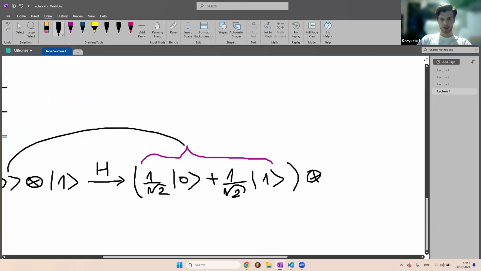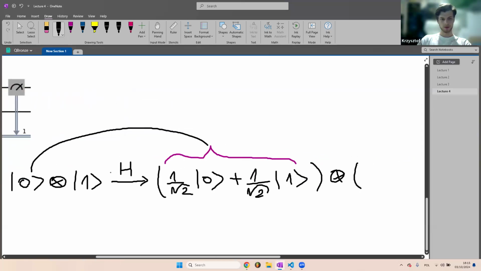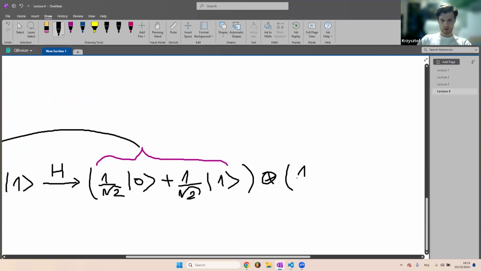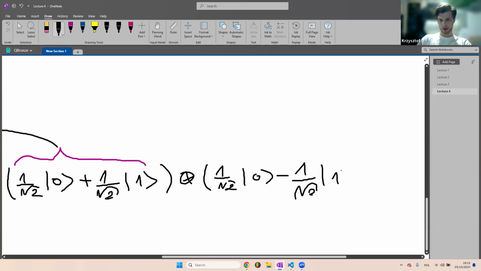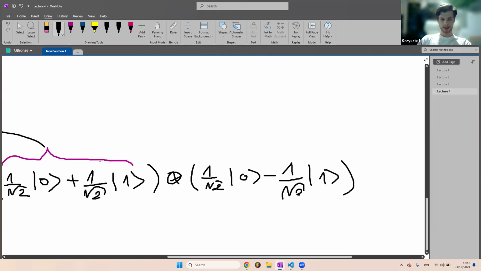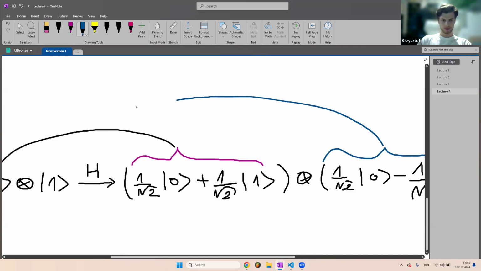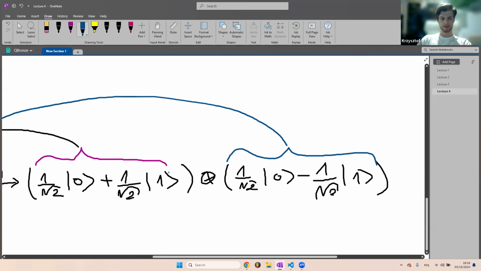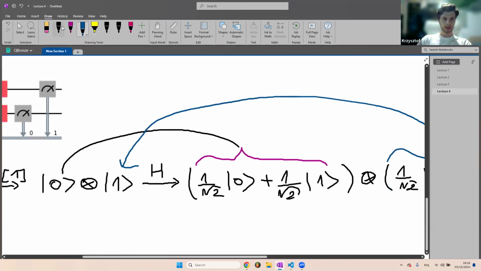And tensor product of the first qubit, not the 0th qubit, but the first qubit, will be 1 over square root of 2, 0, but now minus 1 over square root of 2, 1. And this minus comes because the Hadamard gate applied to the 1 state gives us the state described here. So we will mark it as belonging to this state. So after applying the Hadamard gate, we have those states.